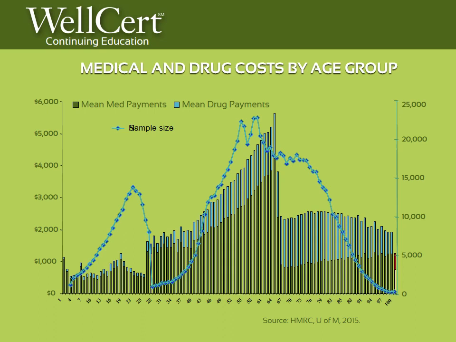And that again gives us an idea of how much is likely to be spent by age on an individual in a circumstance of having fairly large sample populations to look at those costs. So this gives us some medical and drug cost information and expectation by the age group in the population.